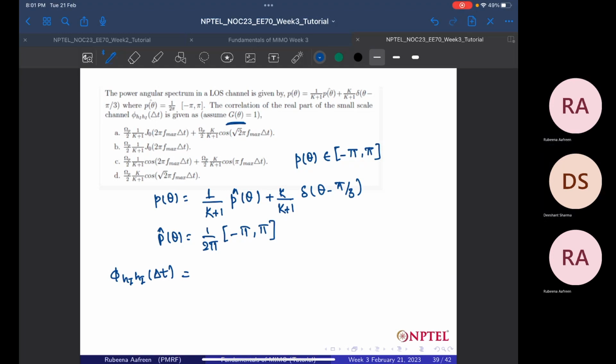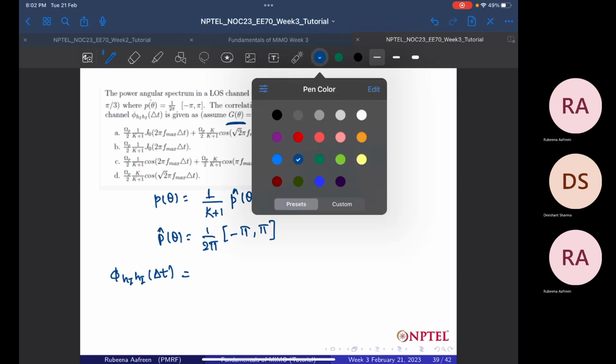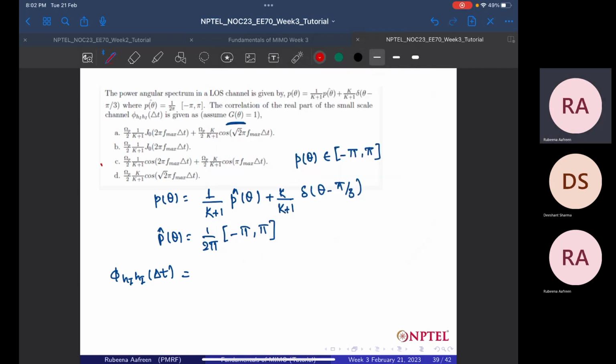C. Sorry, C. I think this is correct. I'm not sure. I'm missing the formula right now. Maybe we will take this up again in the next class.